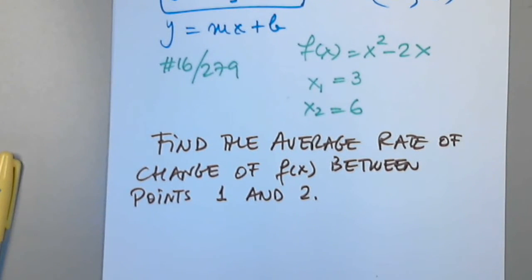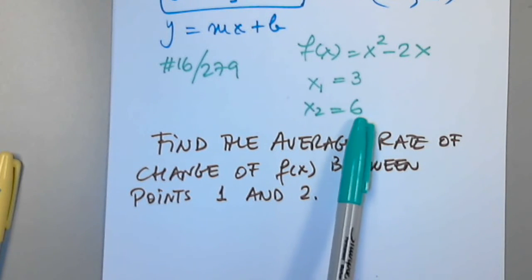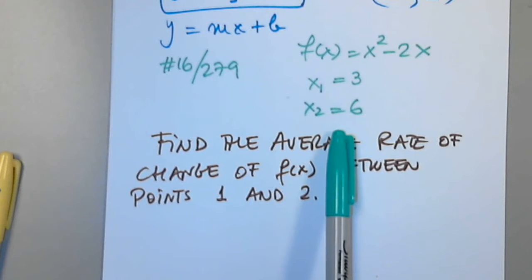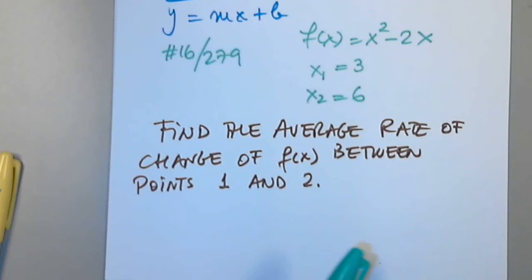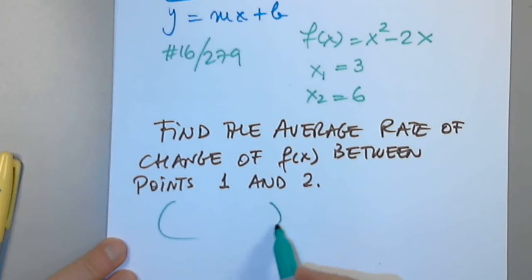And you should say, I don't see any point here. You only said x1 equals 3, and x2 equals 6. Can anyone decipher this for us? I mentioned points, but I didn't give you any points. You have half of each point.